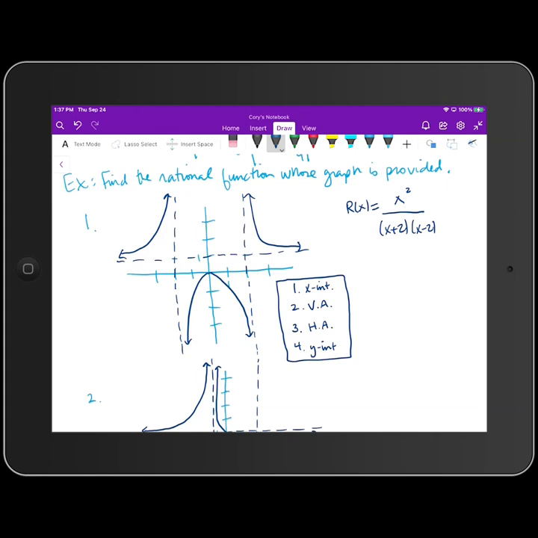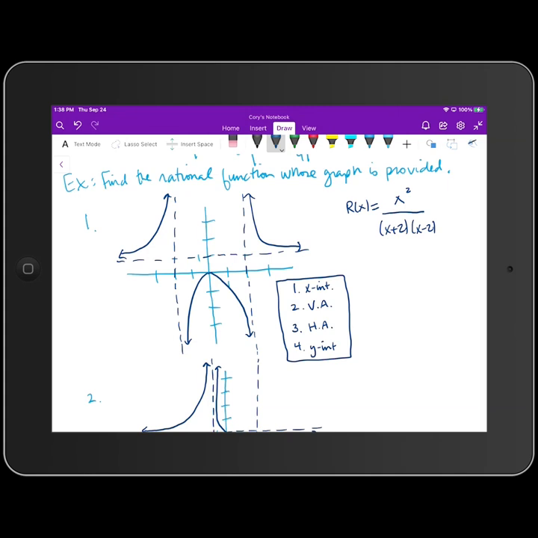As we approach from the right-hand side, the graph goes to -infinity. Because the graph goes in opposite directions there, the multiplicity of that 0 in the denominator has to be odd. So x plus 2 has to have an odd exponent. We're going to keep that as 1 for the time being.